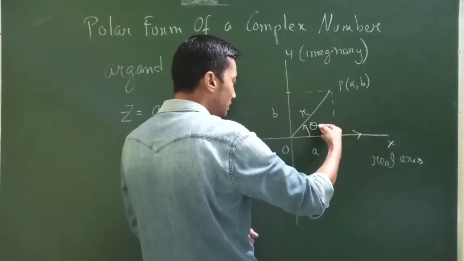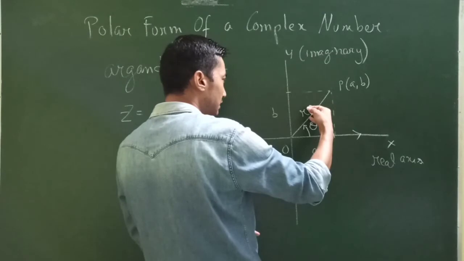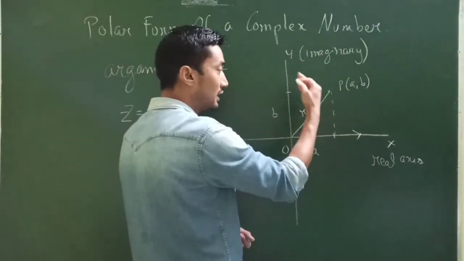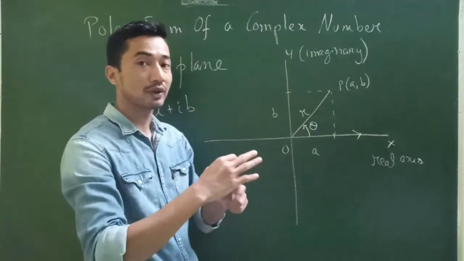If I know this angle theta and the distance of the point P from the origin, then also I can locate the point very easily.